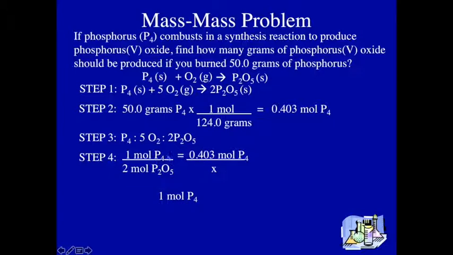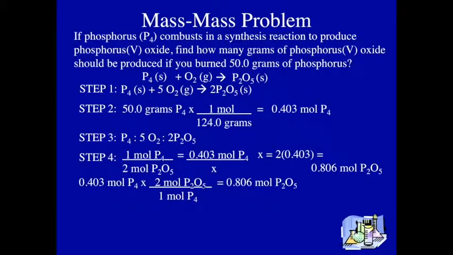If I have phosphorus on the top, I keep it on top. If I have diphosphorus pentoxide on the bottom, I keep my unknown value on the bottom as well. With the cross multiplication, I get that X equals 2 times 0.403, or 0.806 moles of diphosphorus pentoxide.